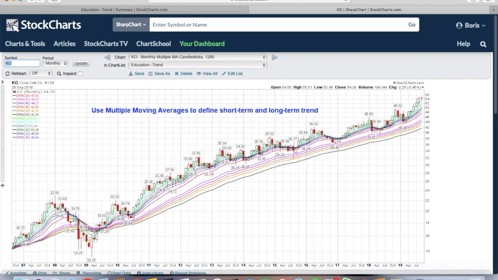At 5starchart, we want to teach you something more complex than just simple moving averages. We can also use multiple short-term moving averages and multiple long-term moving averages to filter the noise in the uptrend. Here are the multiple moving averages, both short term and long term, of Coca-Cola.